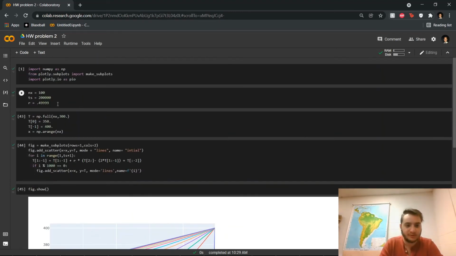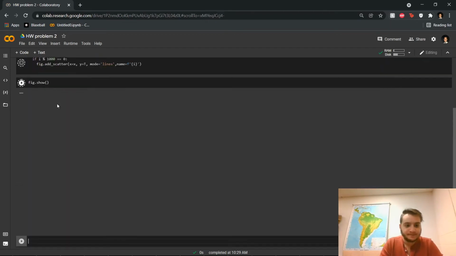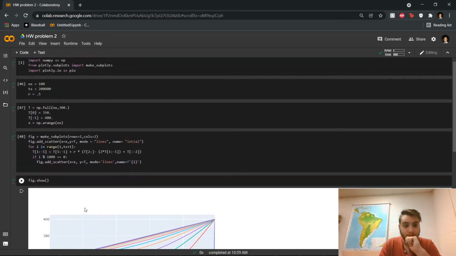Now what happens if we plug in 0.5 for our R value? Okay, this still works. What about 0.55?